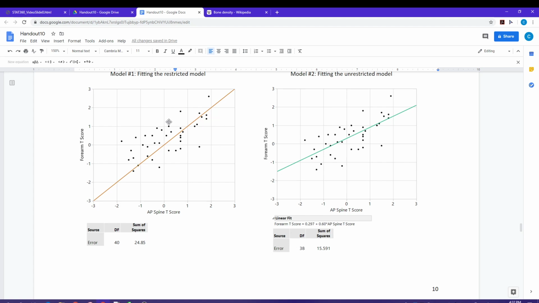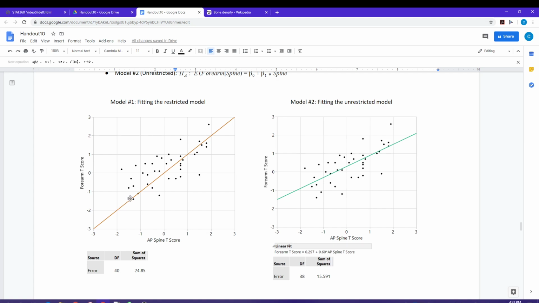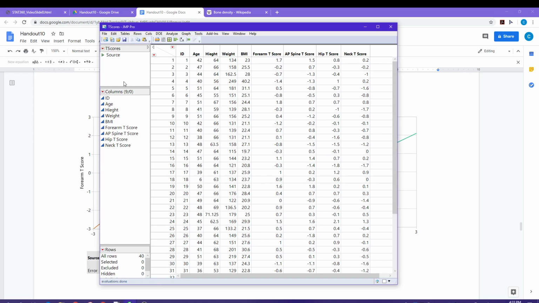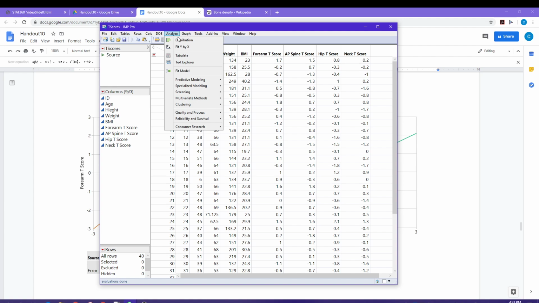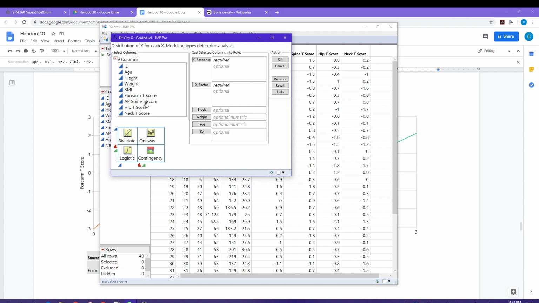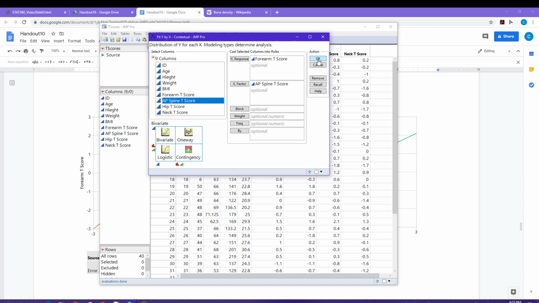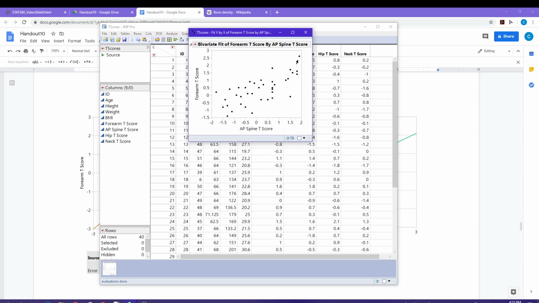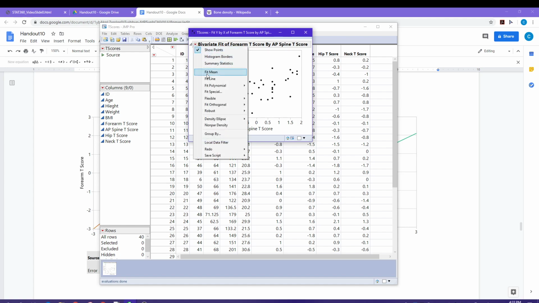So I can get this model here, the restricted model, which again has the y-intercept be 0 and the slope be 1. I'll show you how to do that quick. Over here under Analyze, I want to select Fit Y by X. I am looking at the forearm t-score as a function of the spine t-score. Go ahead and click OK. And then from my drop-down menu here, I can say Fit Special.